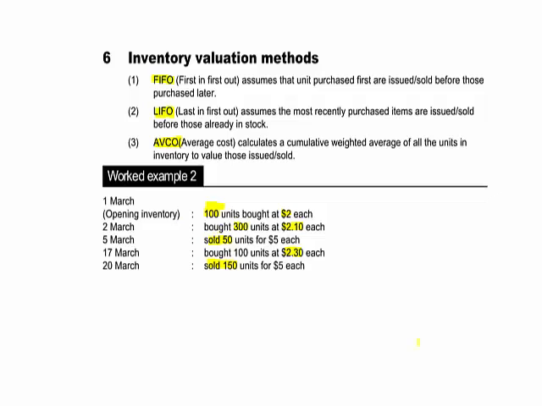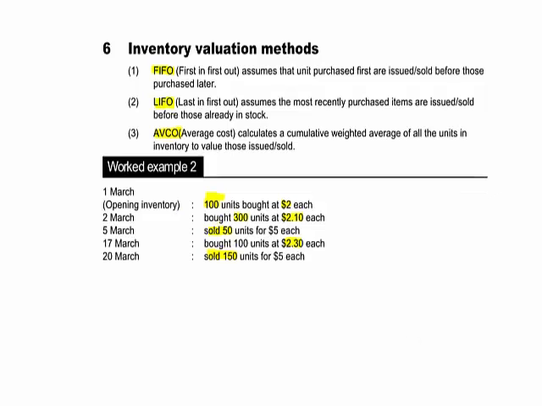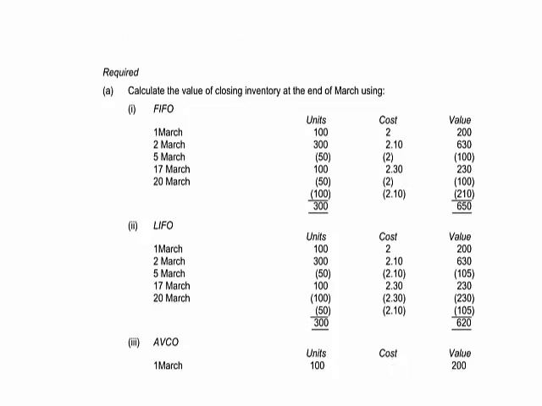And you'll see that that is represented in the FIFO workings. So the ones that were issued on the 5th of March were the $2 ones, and the issues on the 20th of March were 50 units at $2 and 100 units at $2.10.